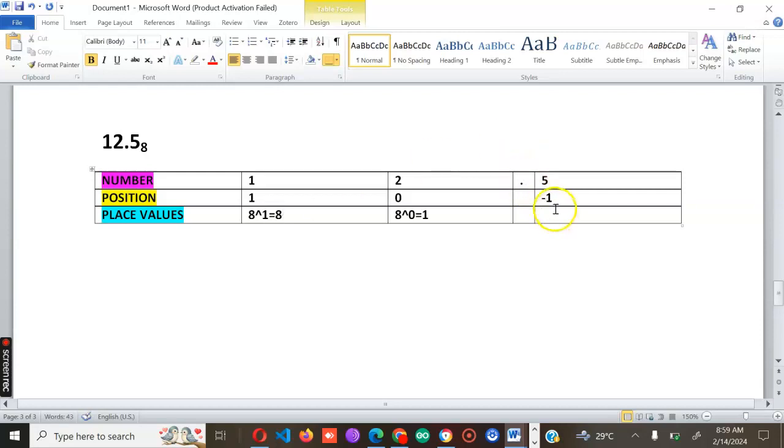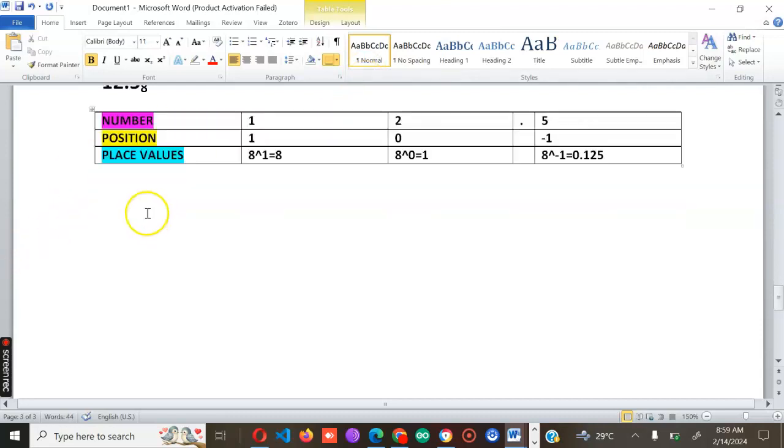And this one is 8 raised to power -1, which is equivalent to 1/8, which is equivalent to 0.125.